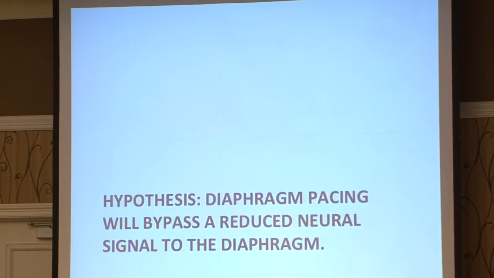If there is a neuromuscular component to the loss of breathing function over time, and if using the ventilator for longer periods of time may be associated with reduced ability to recruit phrenic motor units, then perhaps diaphragm pacing can be used to bypass this reduced recruitment at the phrenic motor system.